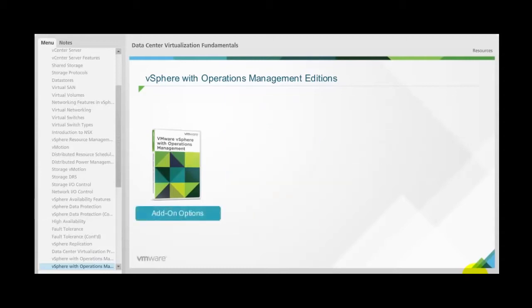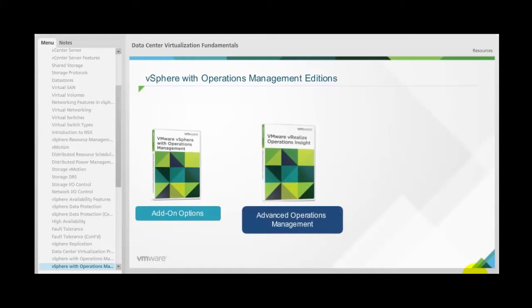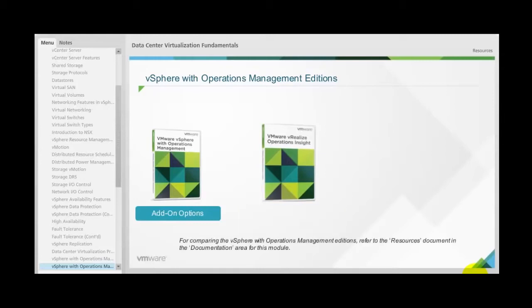There are add-on options for vSphere with Operations Management such as vRealize Operations Insight that performs advanced operations management for vSphere with Operations Management. For comparing the vSphere with Operations Management editions, refer to the Resources document in the documentation area for this module.